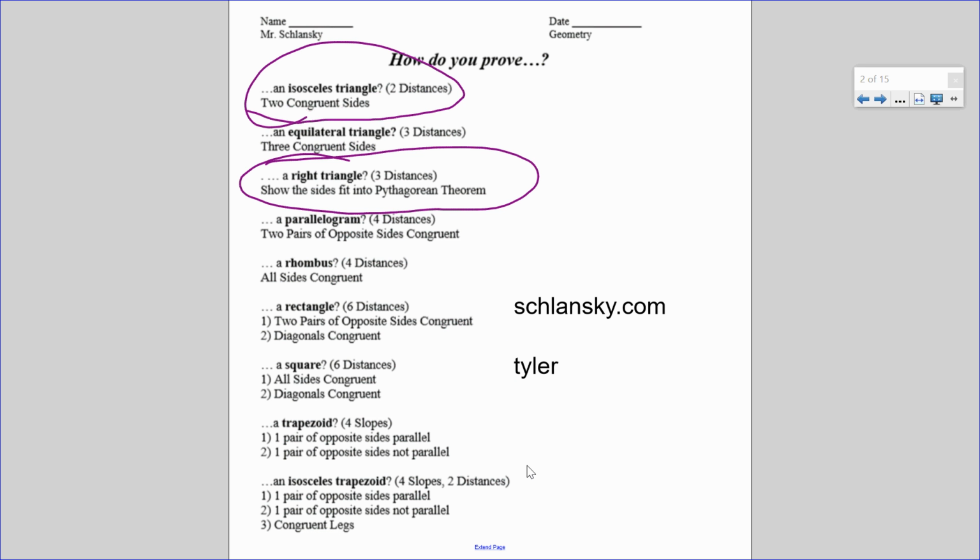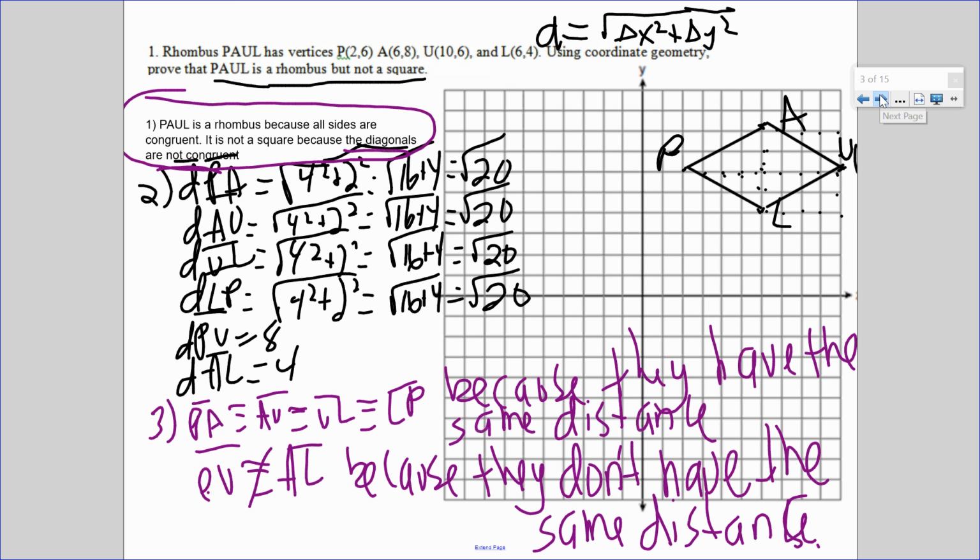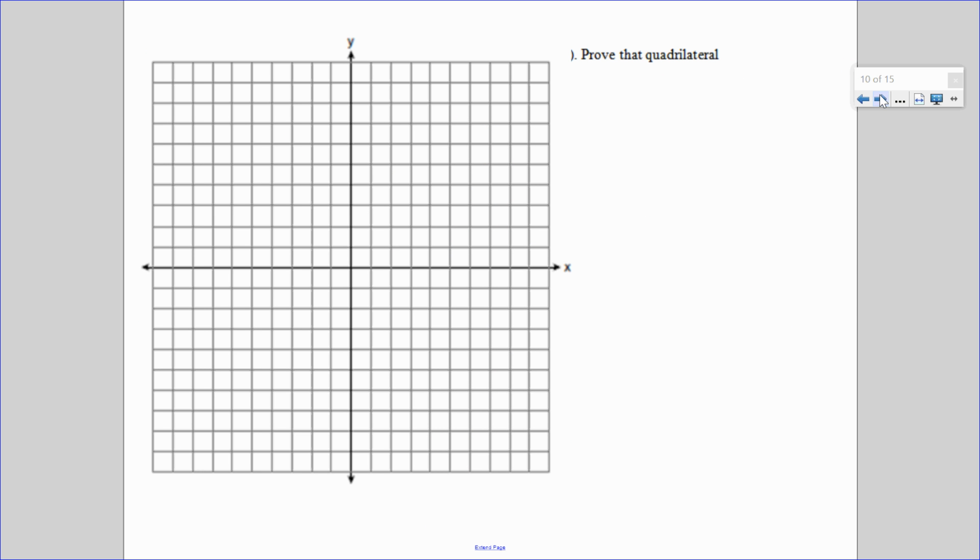We're going to spend 2 days on this lesson. So let's say for classwork/homework tonight, do half of it, and we're going to quiz on it tomorrow.